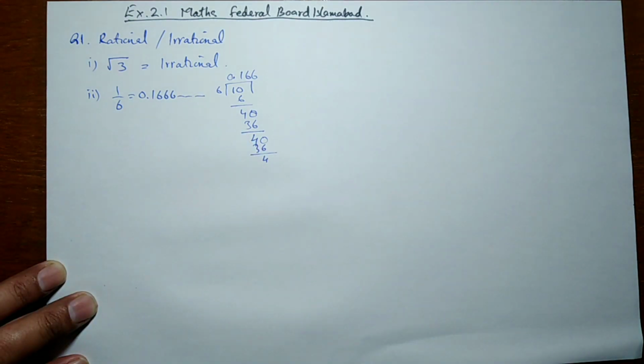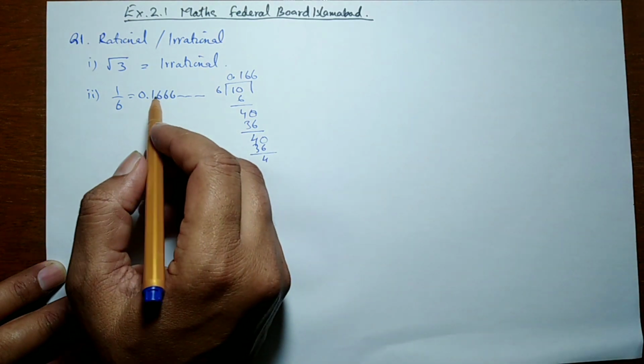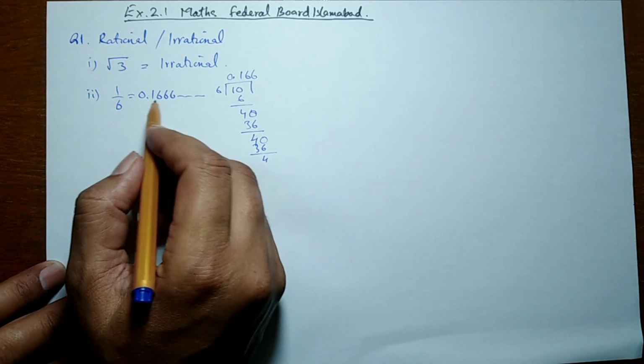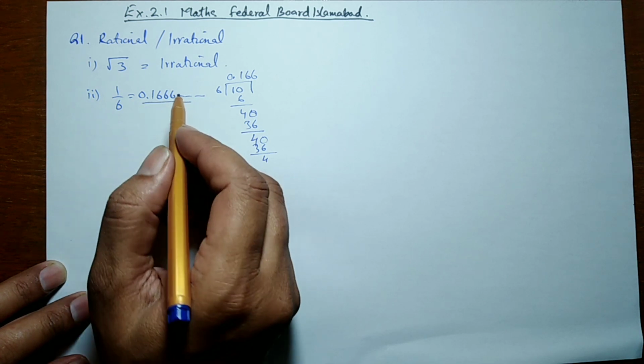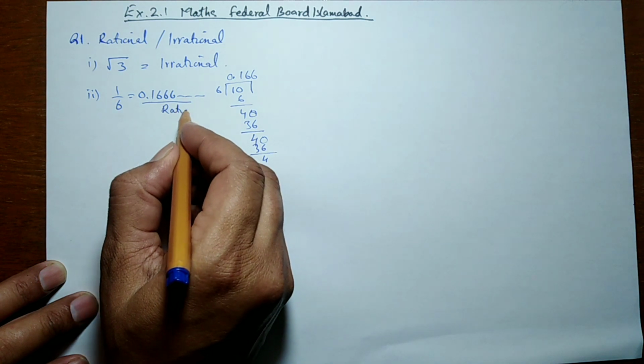Rational numbers are fractions where the answer is a recurring decimal or it's terminating. So this is a type of recurring decimal, so this fraction is rational.